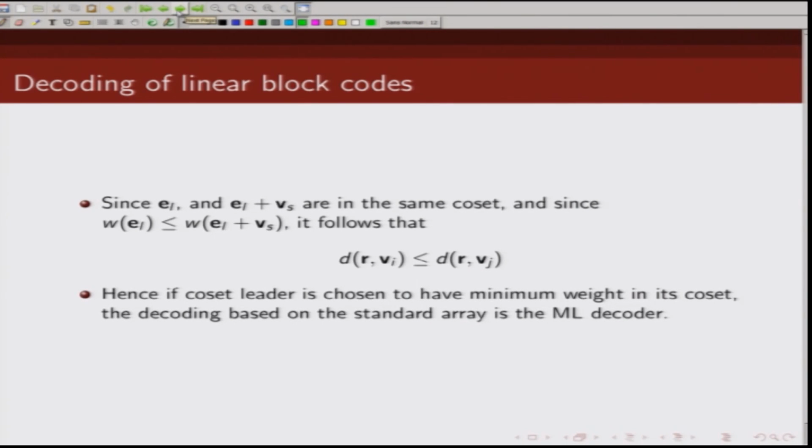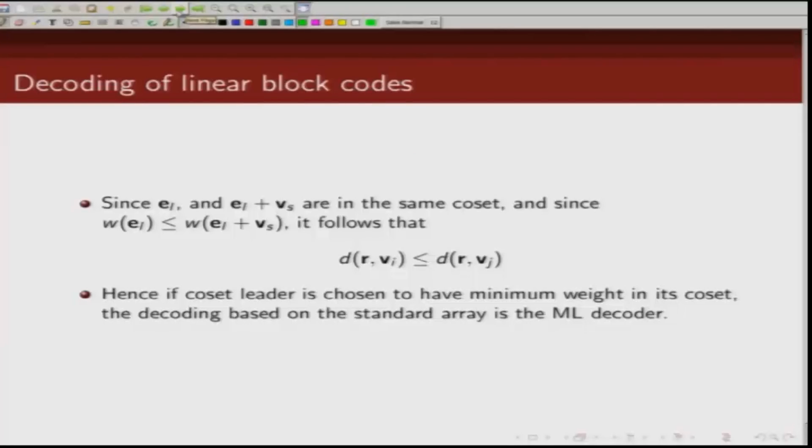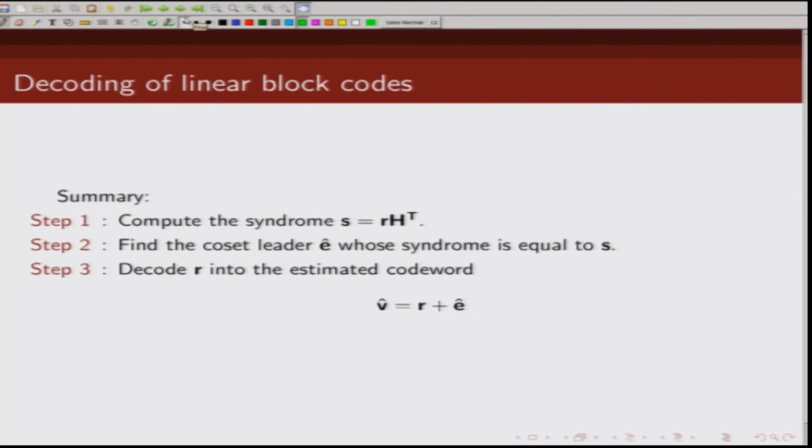So, if we choose our coset leader to be the one which has minimum weight in that coset, the decoding will be maximum likelihood decoding, because maximum likelihood decoder for binary symmetric channel, we have said, is the one which minimizes Hamming distance between received code word and the selected code vector V.